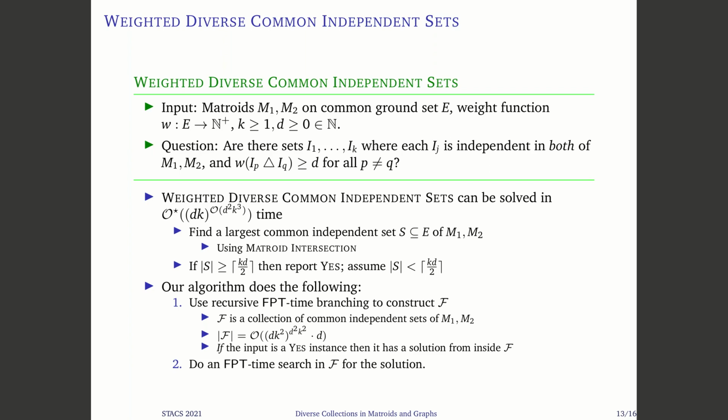This collection has size FPT in k and d, and more importantly we show that if the input is a yes instance, then there is a set of independent sets I1 up to Ik such that each of these independent sets I1 to Ik belongs to this collection F. And given that the size of this collection is FPT in d and k, to complete the algorithm, we do an FPT time search in the collection F to find the solution.